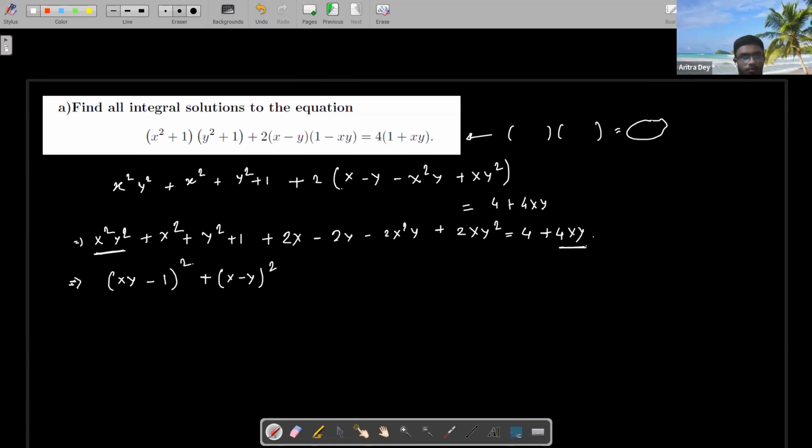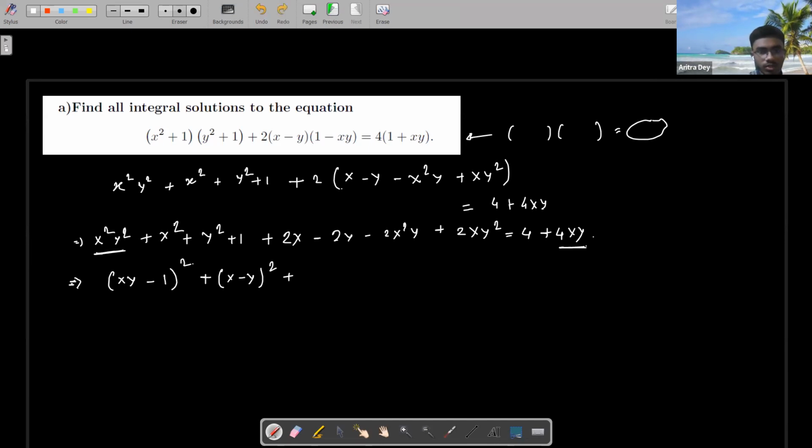Then we can take extra 2xy common, and this is just coming. I wish not to make a whole cube, because in general first try to start with the square. If you go for cube, it will be a bit difficult to handle.